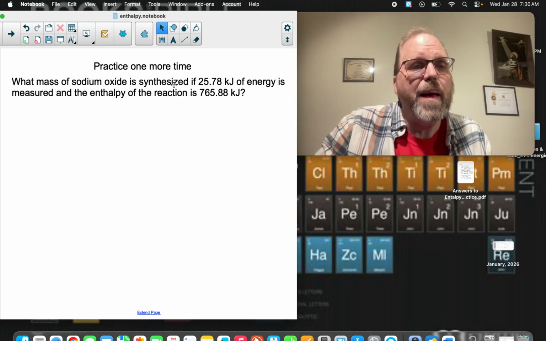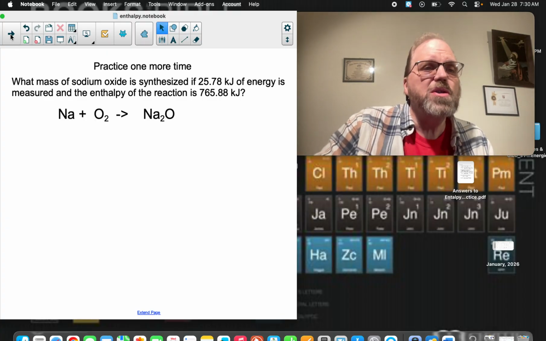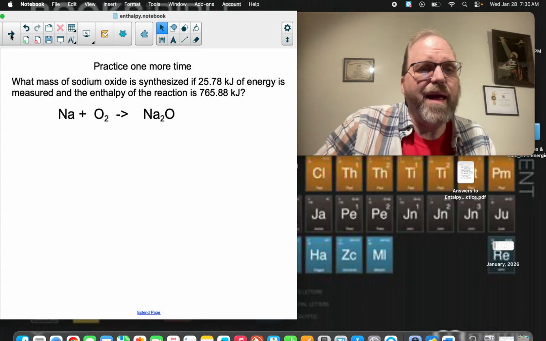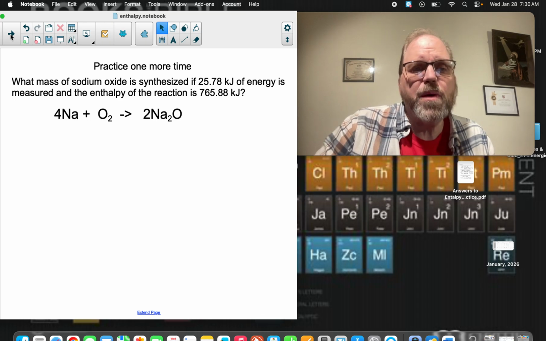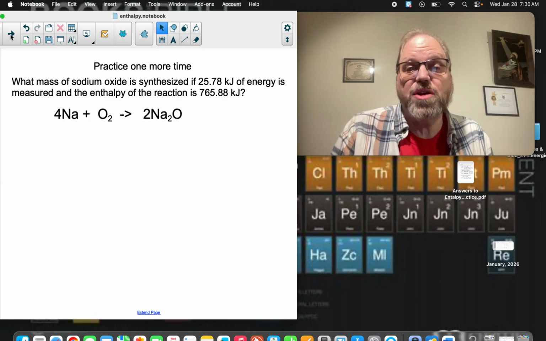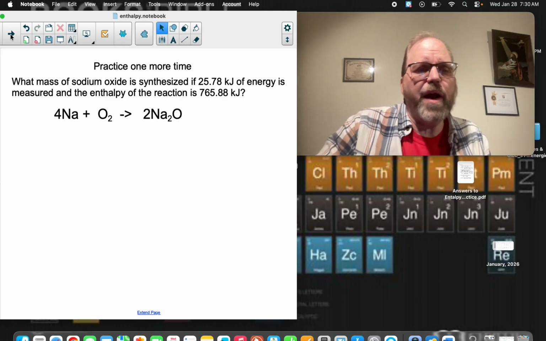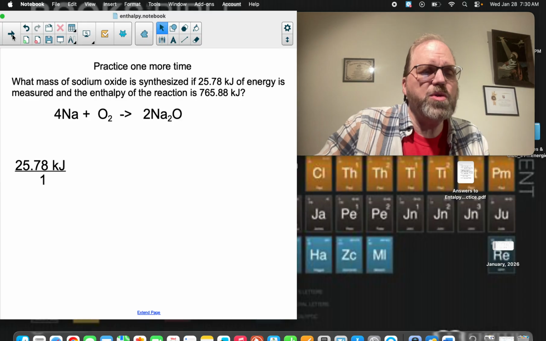So we have sodium oxide synthesized. We always go from the elements. So we're going to have Na plus O2 gives Na2O, and balancing it, we're going to put a 4 in front of the Na and a 2 in front of the Na2O. Start with our energy, 25.78 kilojoules over 1.